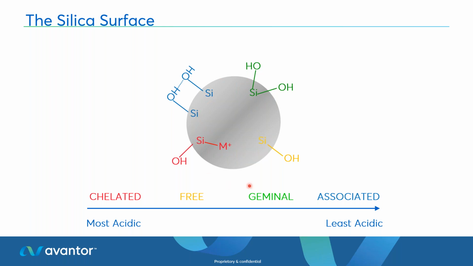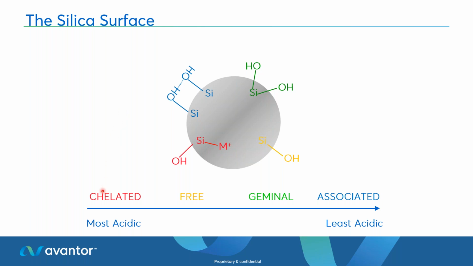But also the different types have different pKa values, or they give the silica a different pKa value. And what I mean by that is they can be potentially more acidic or less acidic depending on the type of silanols that reside on the silica surface.